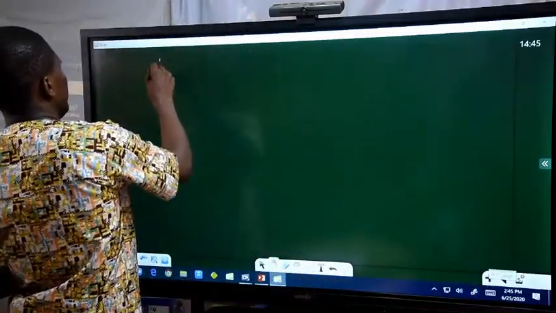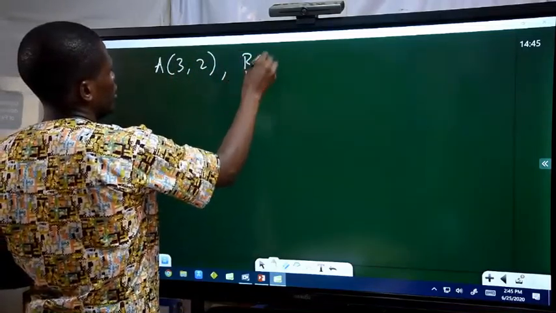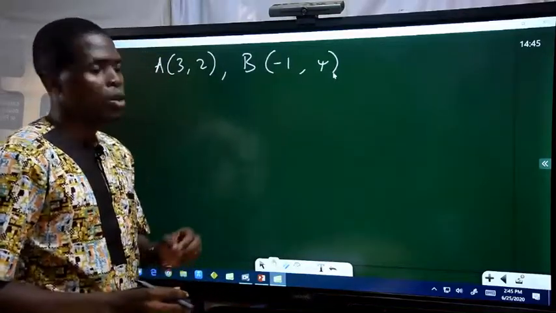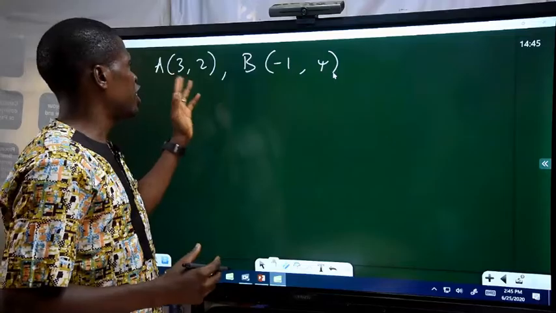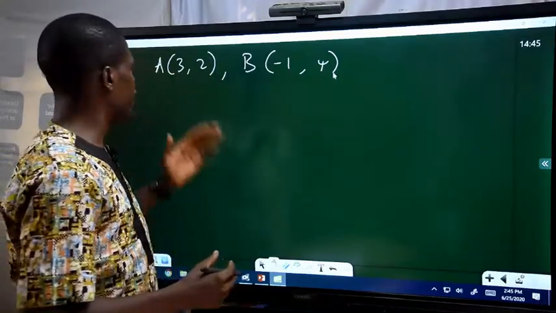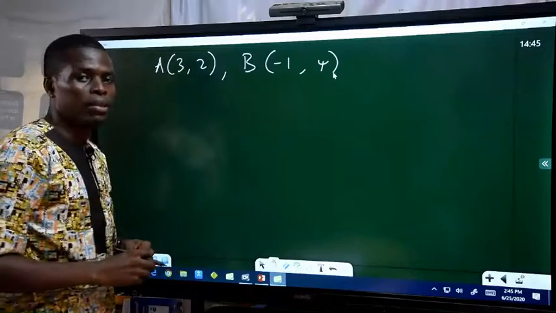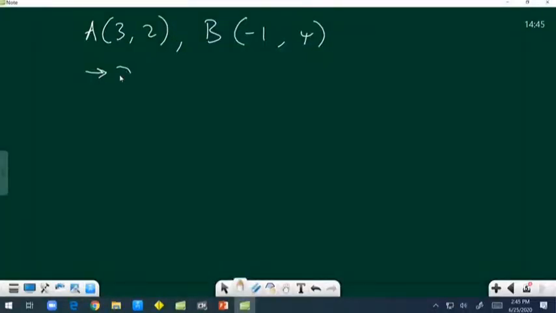We're given 2 points, point A (3, 2) and point B as (minus 1, 4). We want to find the distance between points A and B, the gradient, and the angle the line makes with the horizontal axis. So we're looking for three things. One of them is the distance AB.